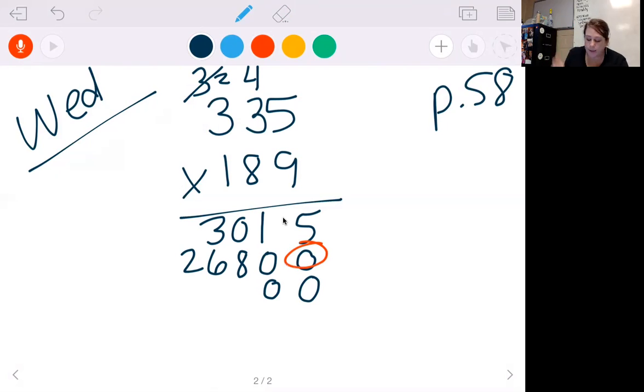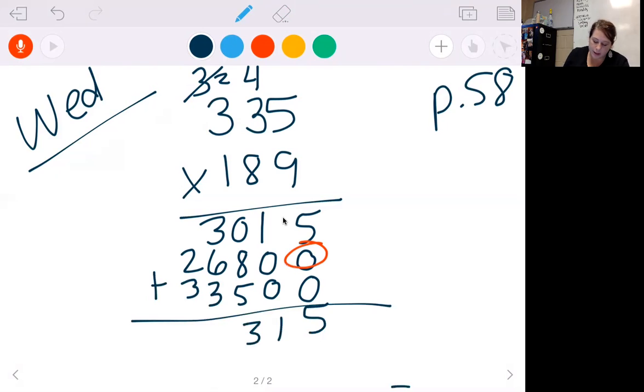So now I can do 1 times 5 is 5, 1 times 3 is 3, and 1 times 3 is 3. And then I can add them all up. 5, 1, 8 plus 5 is 13, carry the 1, 6, 7, 8, 9, 11, 12, 13, 3, 4, 5, 6. So we get 63,315 when we're all done.